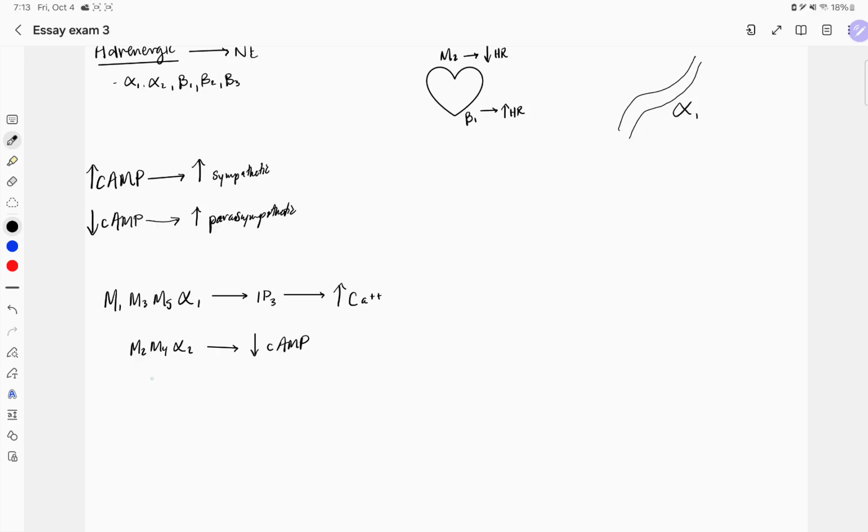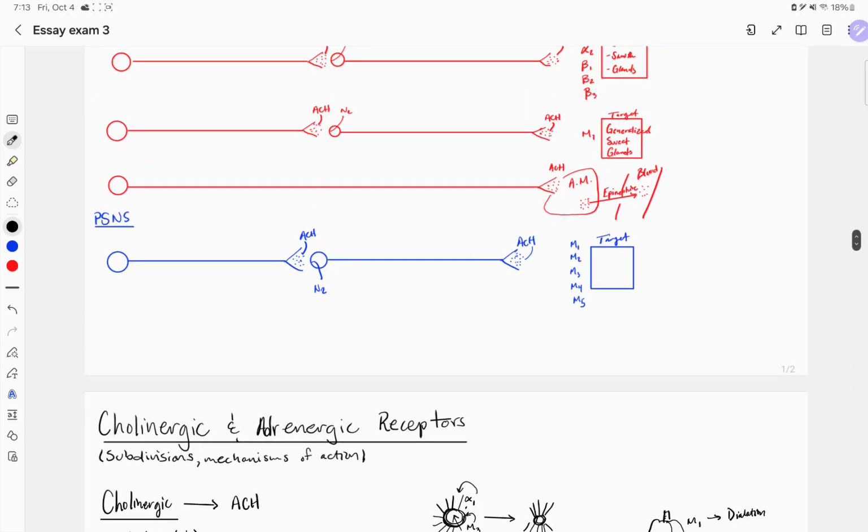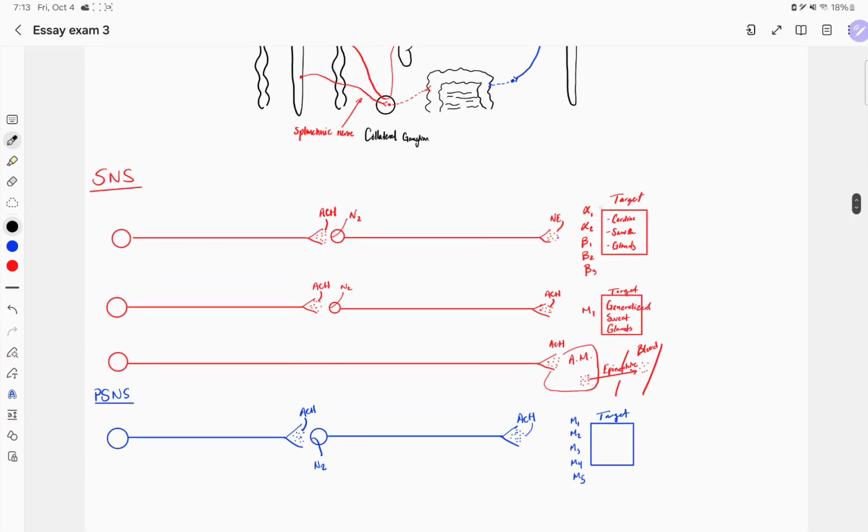We also have our beta 1, beta 2, and beta 3 receptors that will result in the increase of cyclic AMP, which makes sense because they are associated here with the sympathetic nervous system.